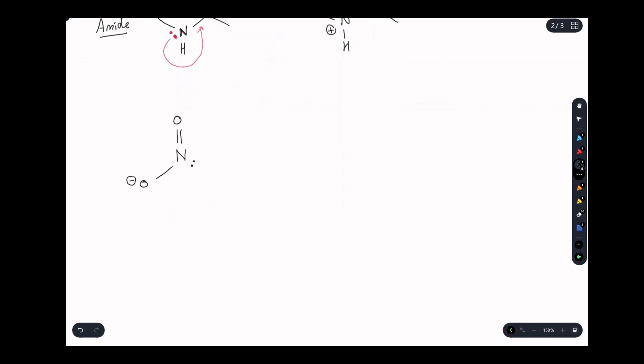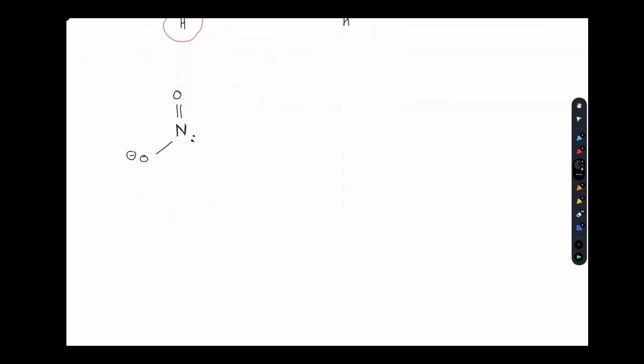Looking at this molecule, we can see that the nitrogen is neutral with one lone pair and 3 bonds, and we have a negative oxygen over here. So one thing we could do is move one of these lone pairs from this oxygen to the nitrogen. Now, nitrogen doesn't necessarily have room for that, but if we look here, there is still another carbonyl connected.